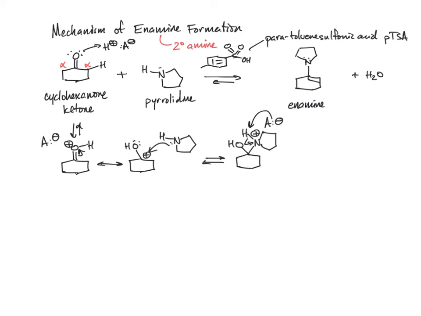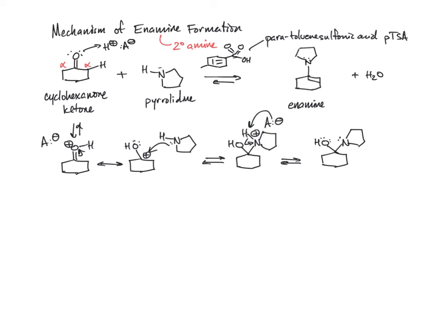Conjugate base abstracts that proton to regenerate the acid catalyst. And I think you should always show your lone pairs on your heteroatoms as well, because it helps you keep track of them.